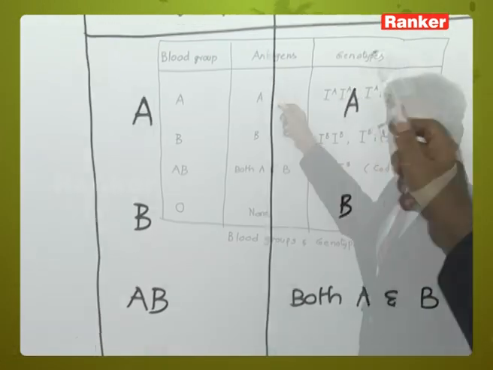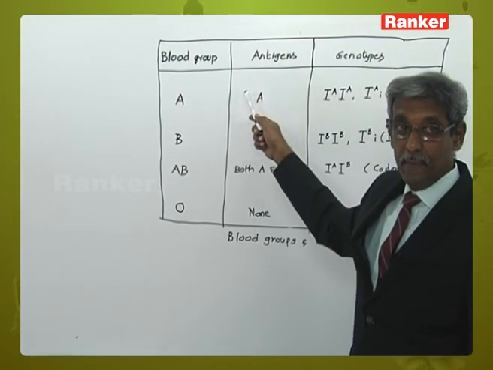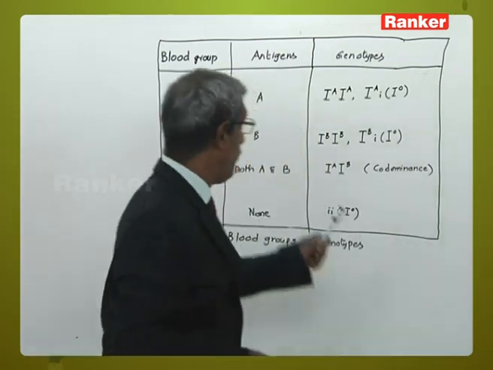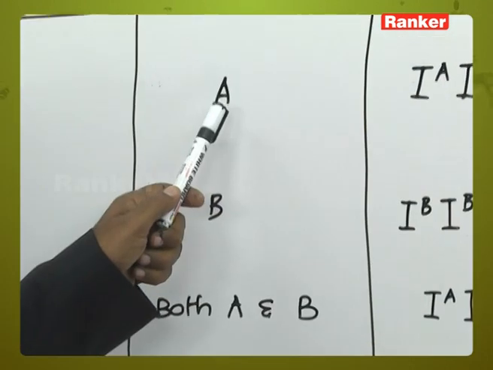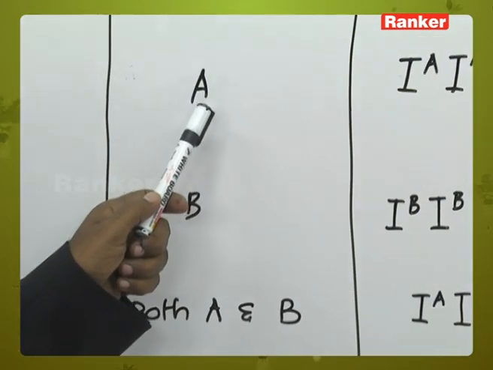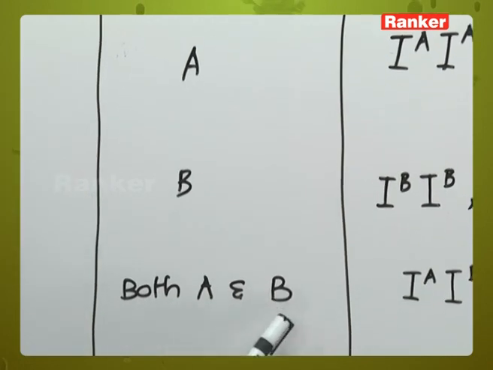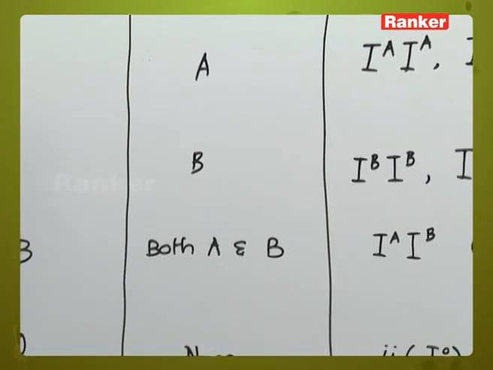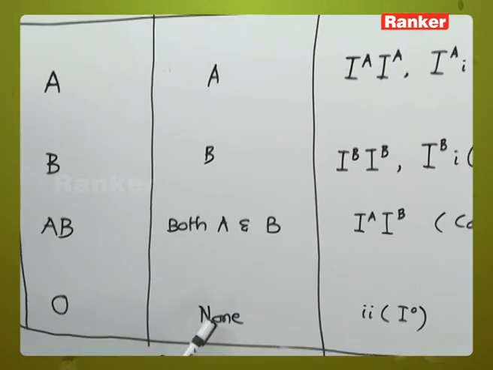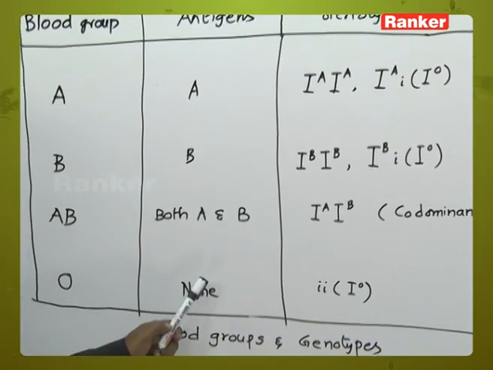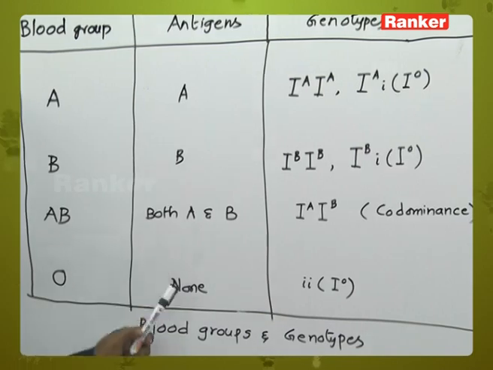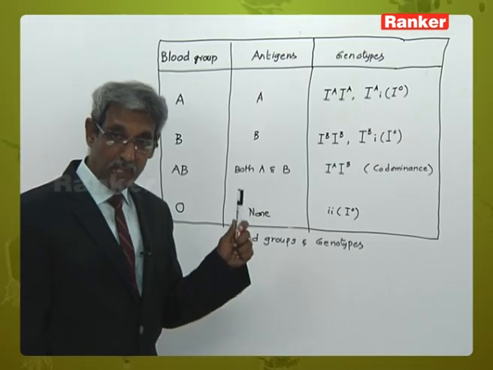And the antigens, the foreign proteins present on the surface of the red blood corpuscles, could be A, could be B, could be both A and B, or in the case of blood group O, there are no antigens, there are none. When you take the genotypes, they are determined by the I gene.